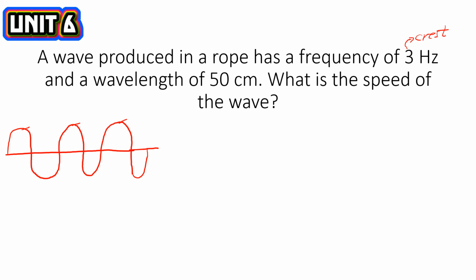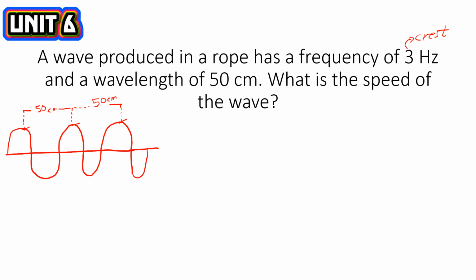And for the wavelength, remember that the wavelength refers to the distance from one crest to another crest. So this crest here and this crest here is 50 centimeters. From this crest to another crest, this is another 50 centimeters.